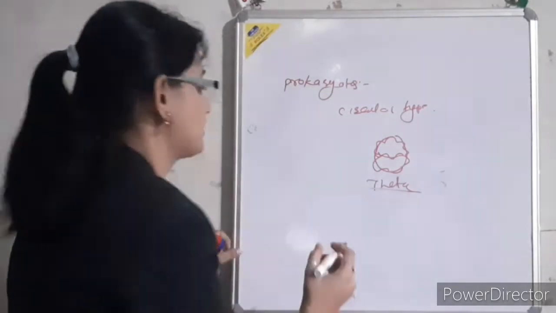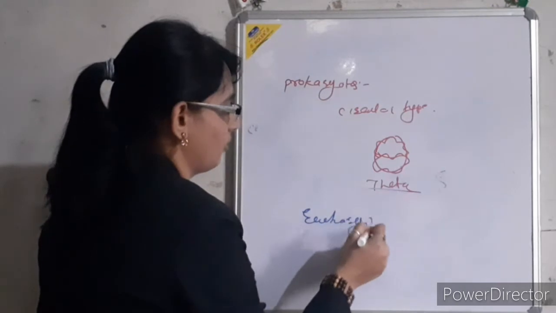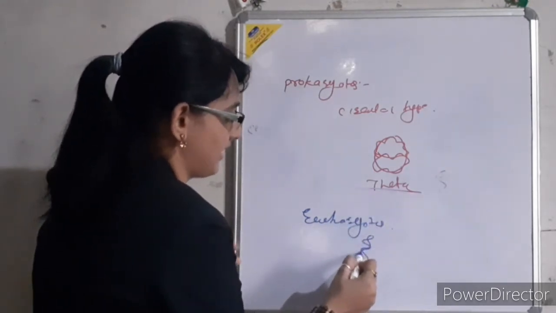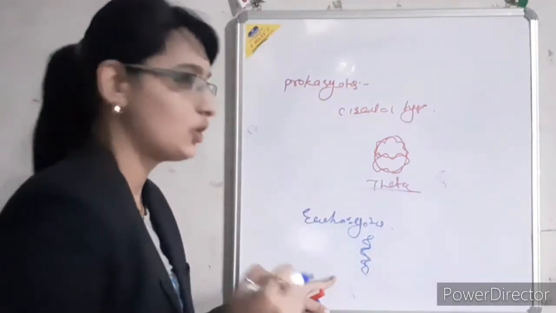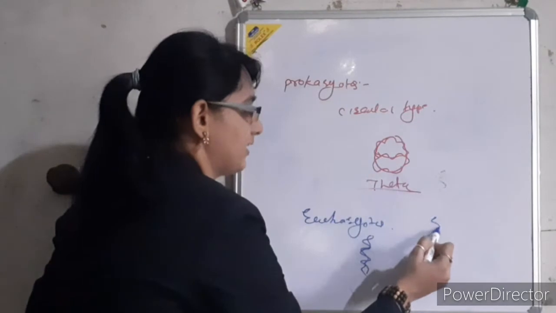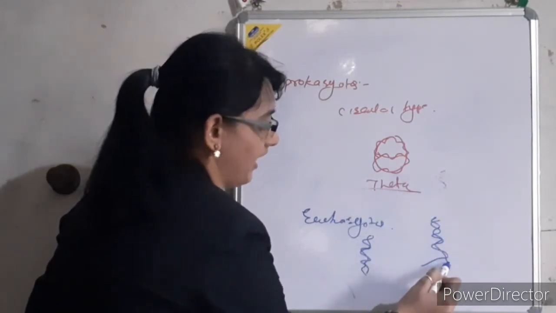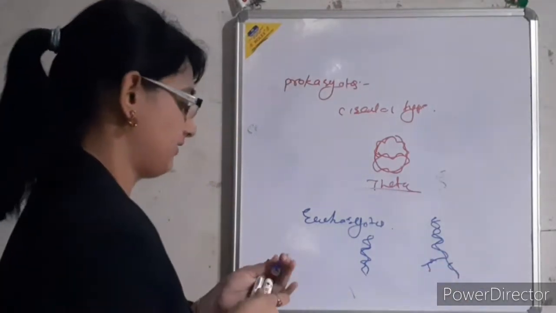But in eukaryotes, the DNA is straight, a double-stranded helical structure. This DNA shows a Y-shaped replication fork due to the unwinding of its strands, and each strand synthesizes a new DNA in a semi-conservative manner.